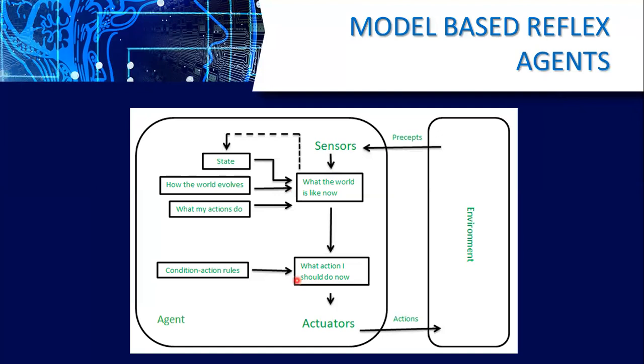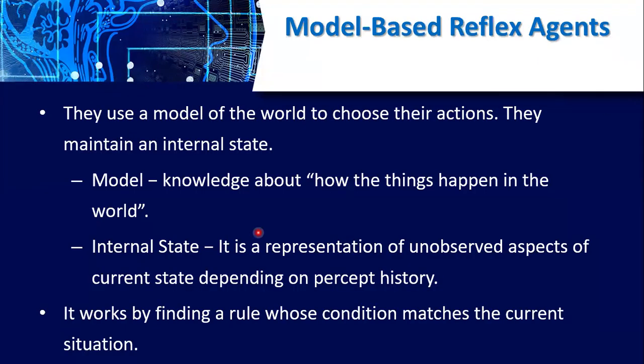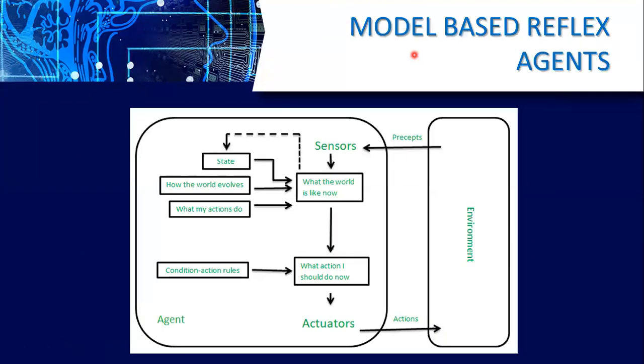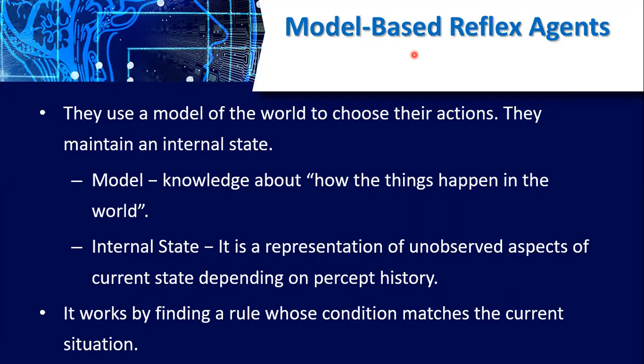Next is model-based reflex agents. Here you have a model, and model means how things happen in the world.